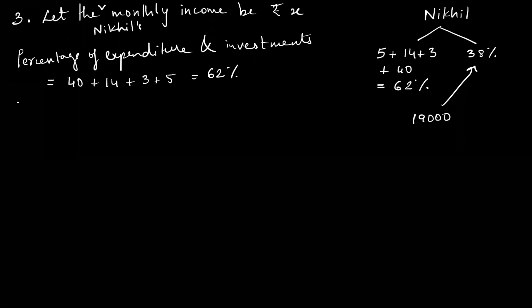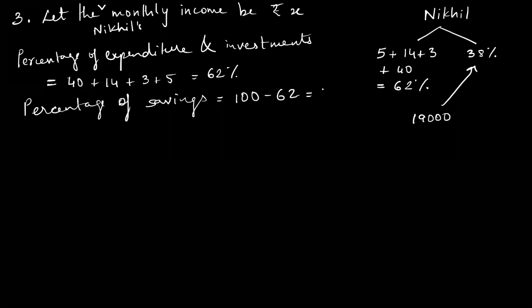Then percentage of savings is equal to 100 minus 62, which is 38%.